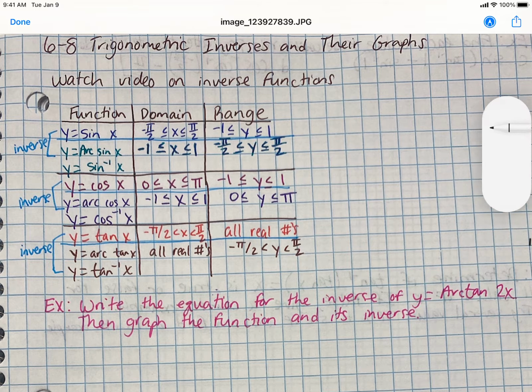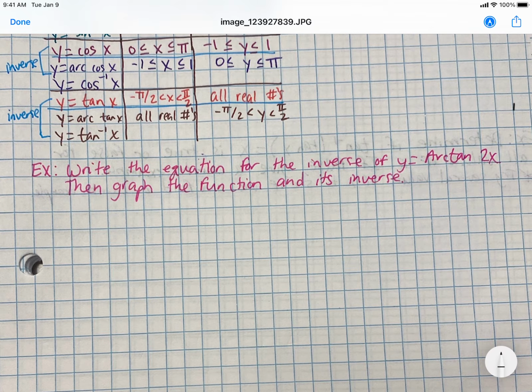Okay, so example number 1. Write the equation for the inverse of y equals arctan of 2x. Then graph the function and its inverse. So we are going to start with y equals, and I'm going to write it as tan to the negative 1 of 2x.